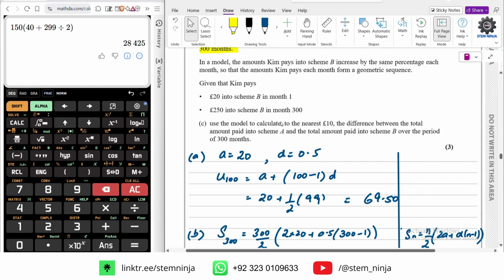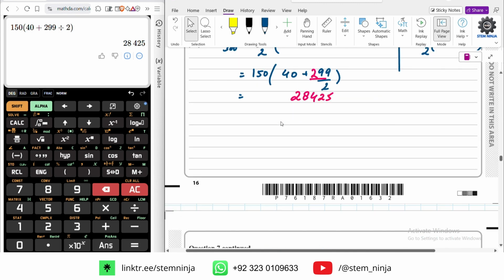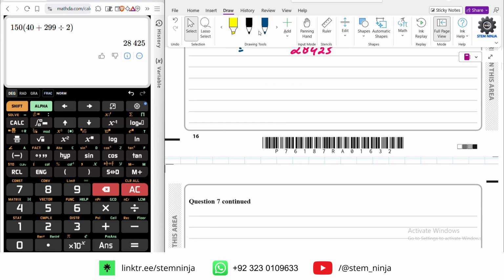Right, okay, so first off we need the sum to 300 for the geometric sequence. That means we need to find out what the common ratio is also. So that is part C. You have a geometric sequence, Un is equal to AR to the n minus 1.